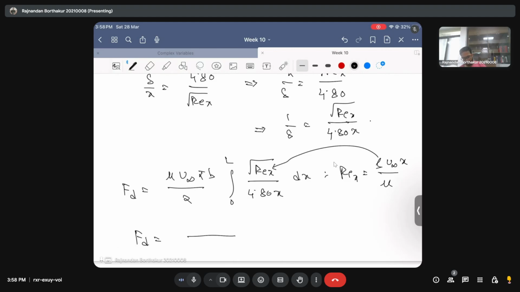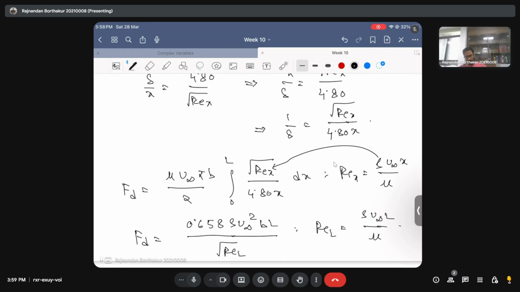You will see that you will get 0.658 rho u infinity squared b L by square root of Re L, where your Re L now is equal to rho u infinity L by mu.